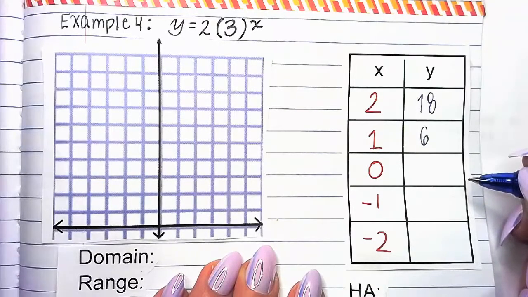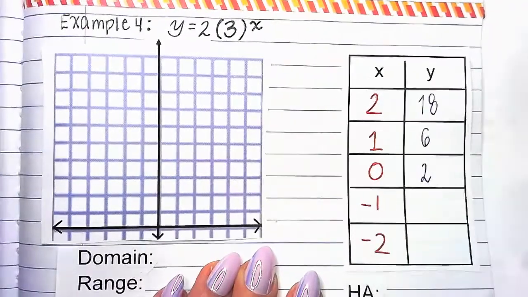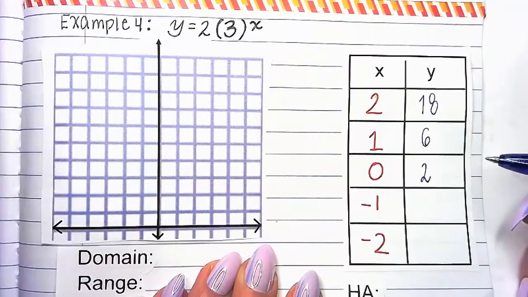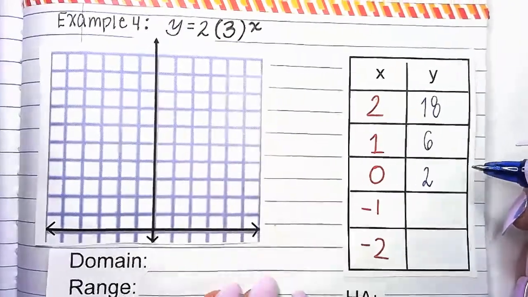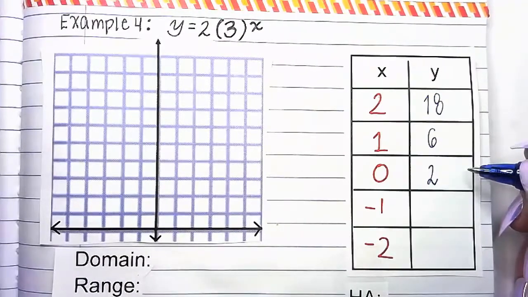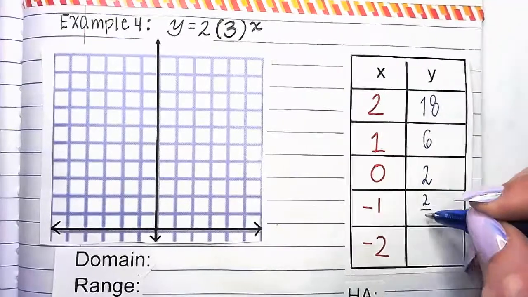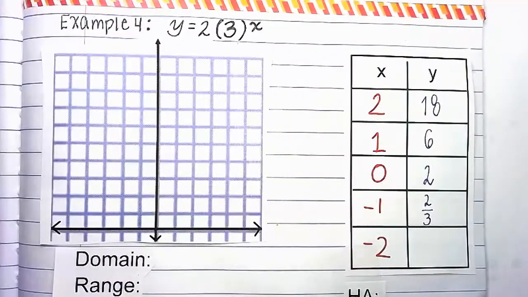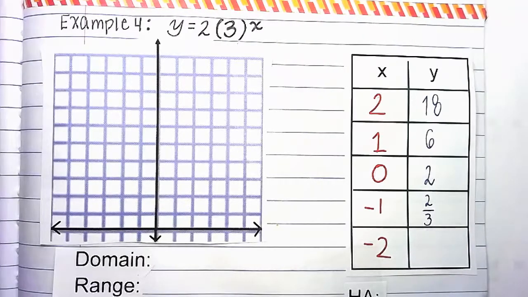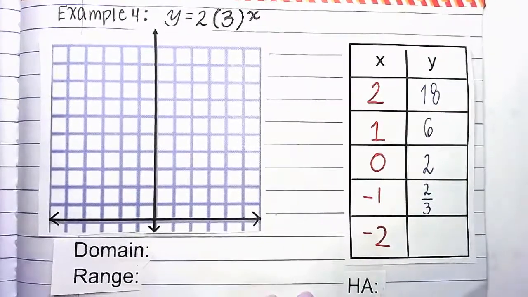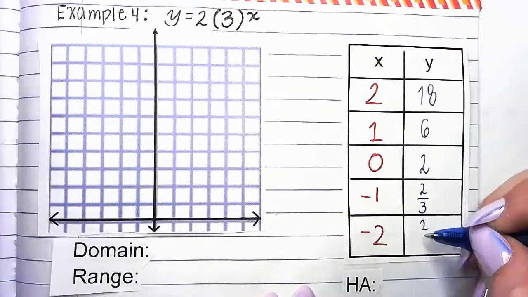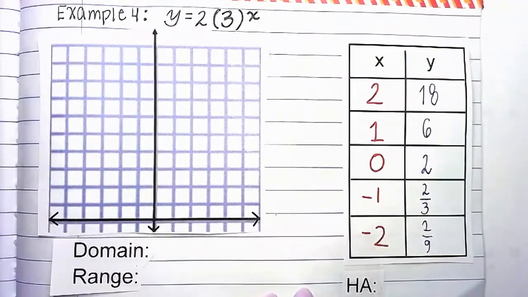If you fill in 0, you get 2. If you fill in -1, what do you get? You said 2/3, you were right. If you fill in -2, what do you get? If you said 2/9, you were correct.